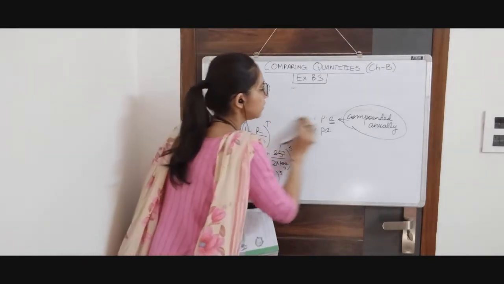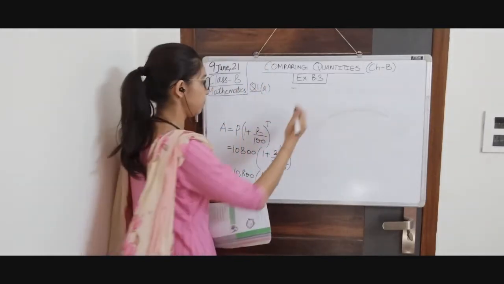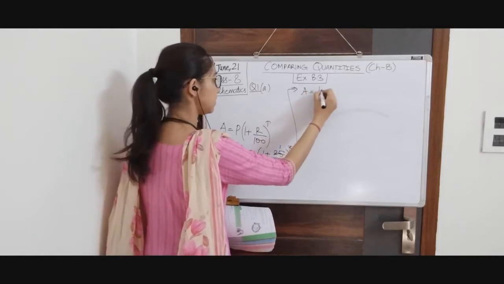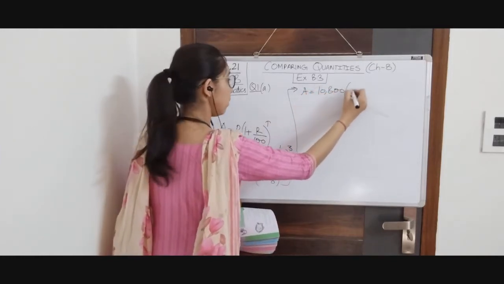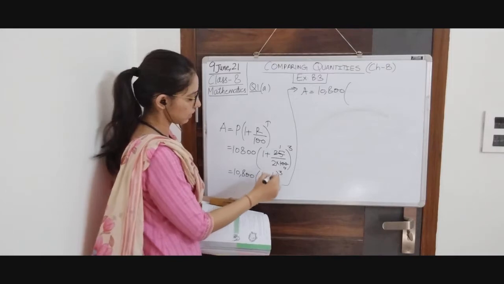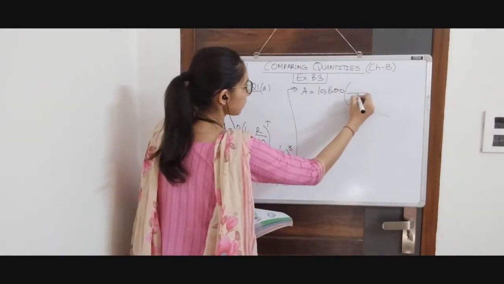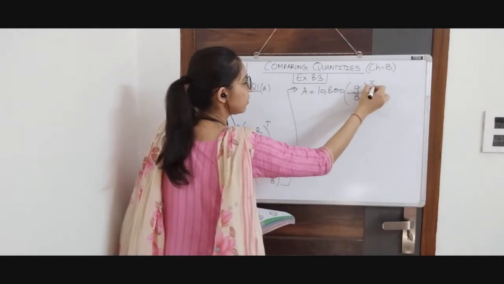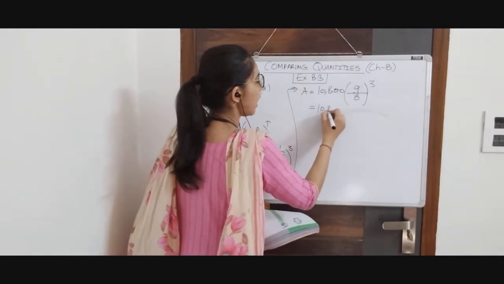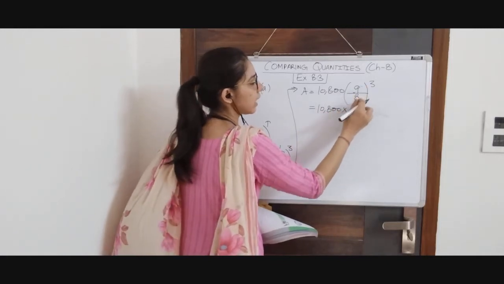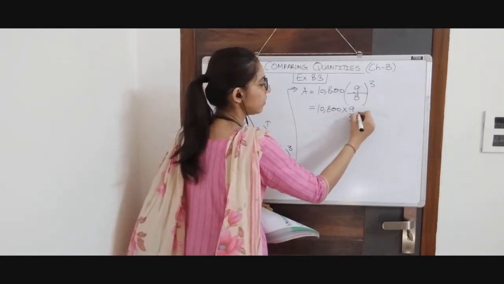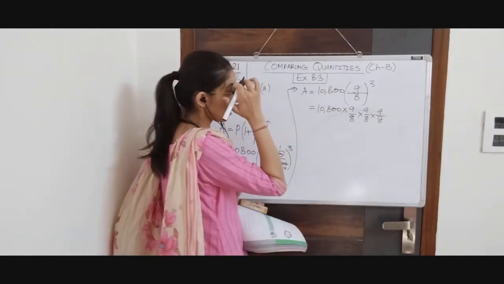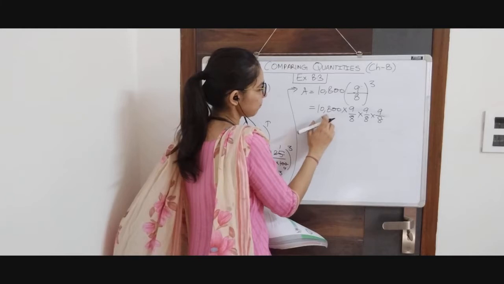I'll erase this part. It means our amount is 10,800 times (1 plus 1/8), meaning 8 plus 1, that is 9/8, to the power 3. It means we have to multiply this term 3 times: 9/8, 9/8 and 9/8. We will check if we can do some cancellation.